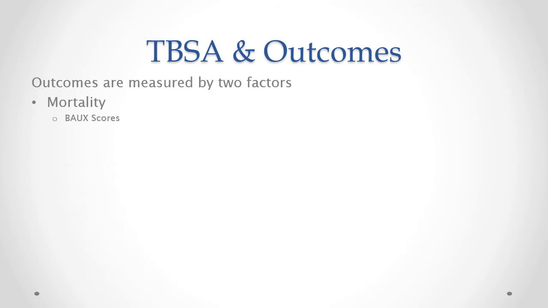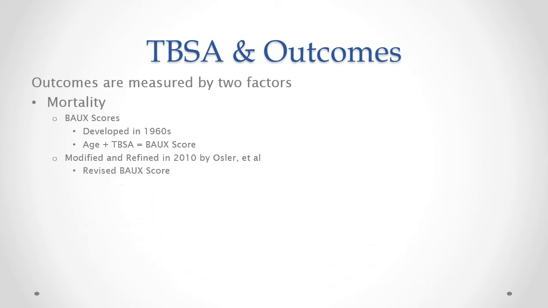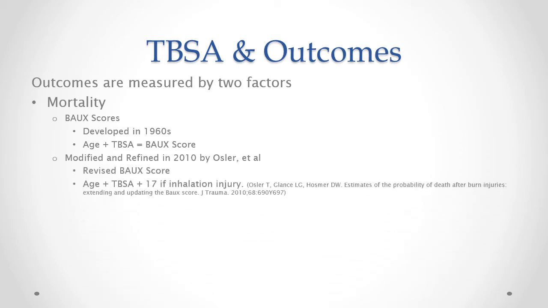What we use is a Baux score, and that was developed in the 1960s. Basically, we take the age and the TBSA, and that comes up with our mortality score. We refined that in 2010. We added inhalation points. So for inhalation injuries, we added 17.